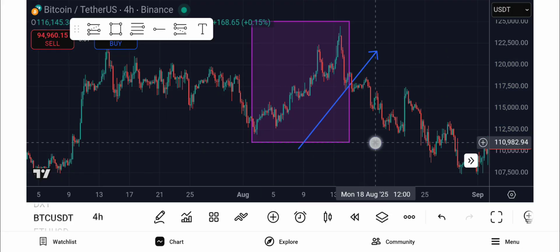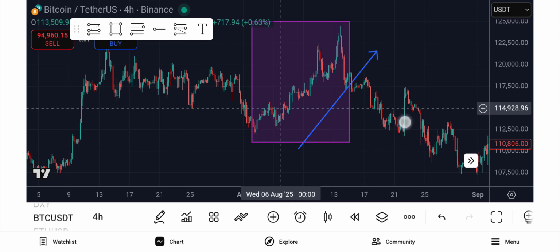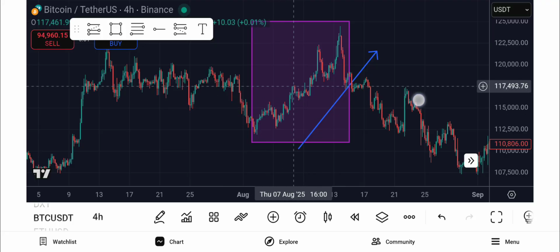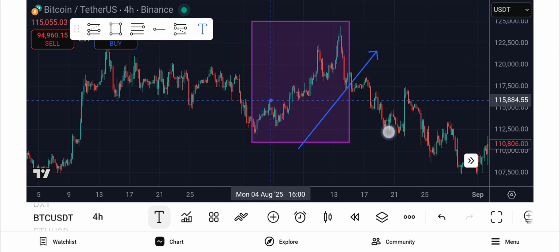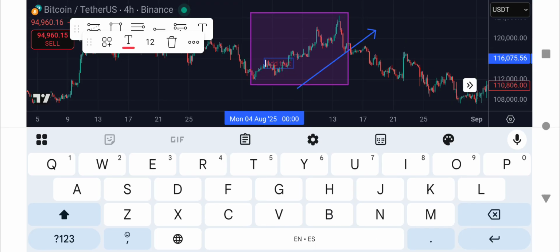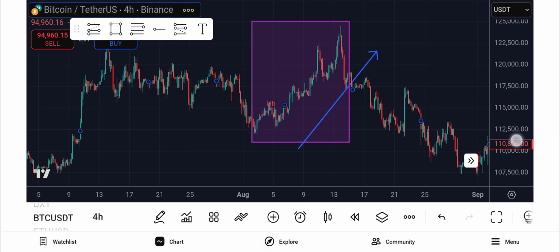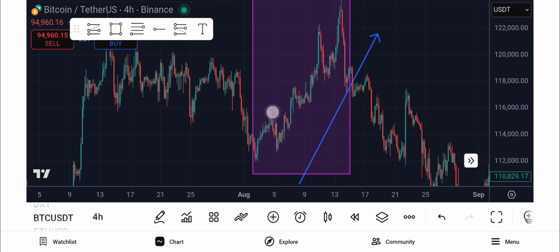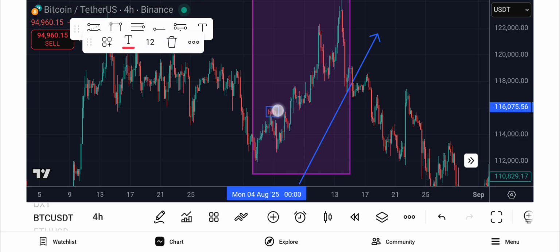How do we know it's a bullish trend? Because this low took out this high. This low took out this high. This low took out this high. That's a higher high.